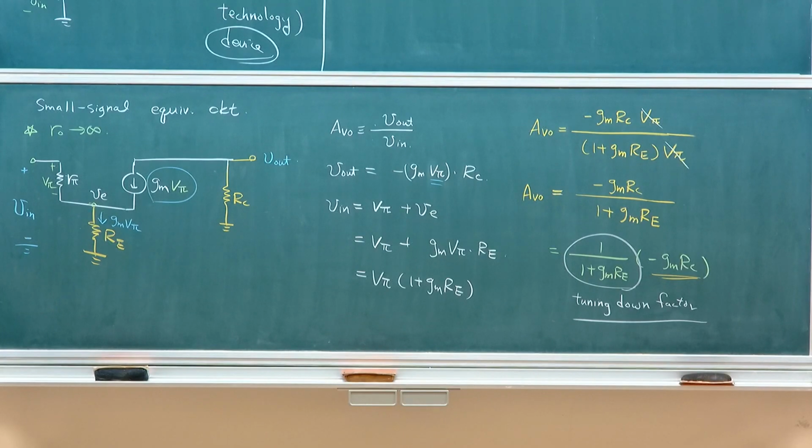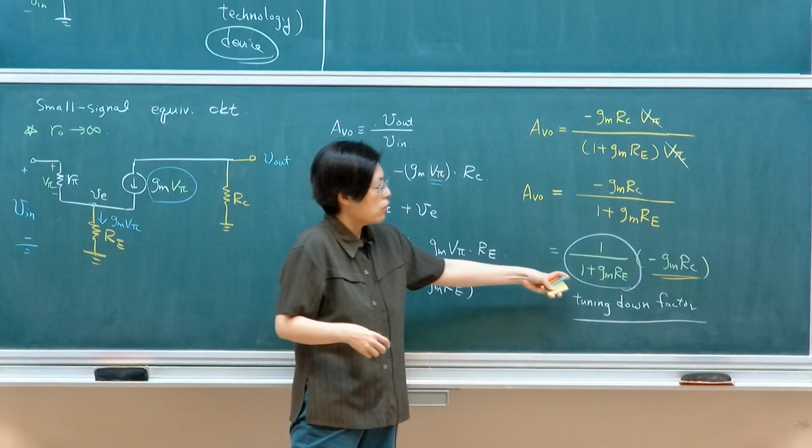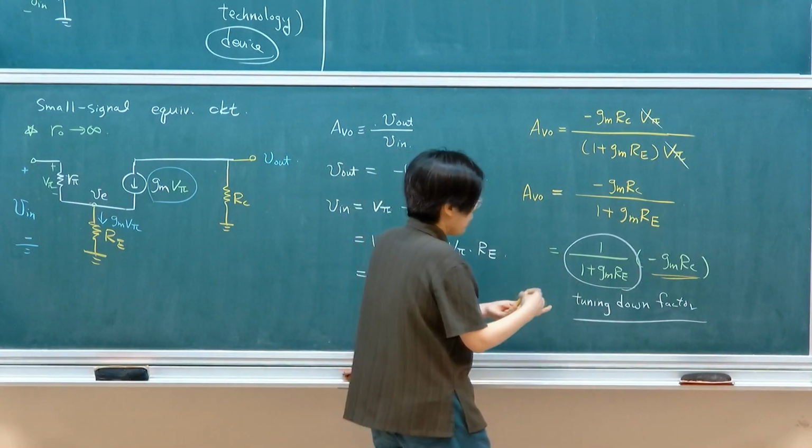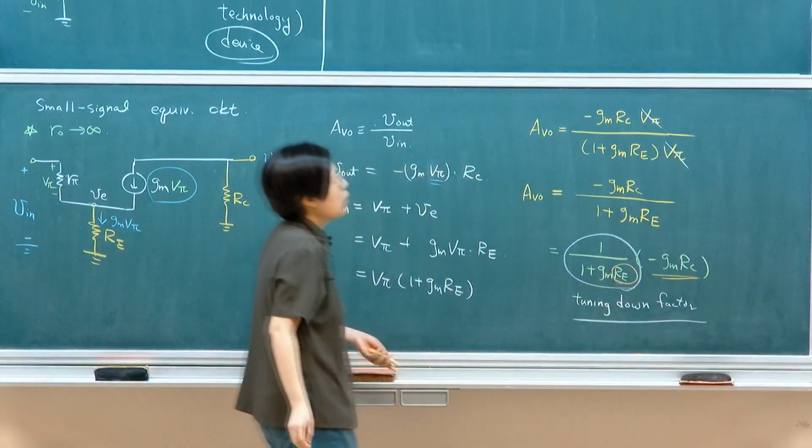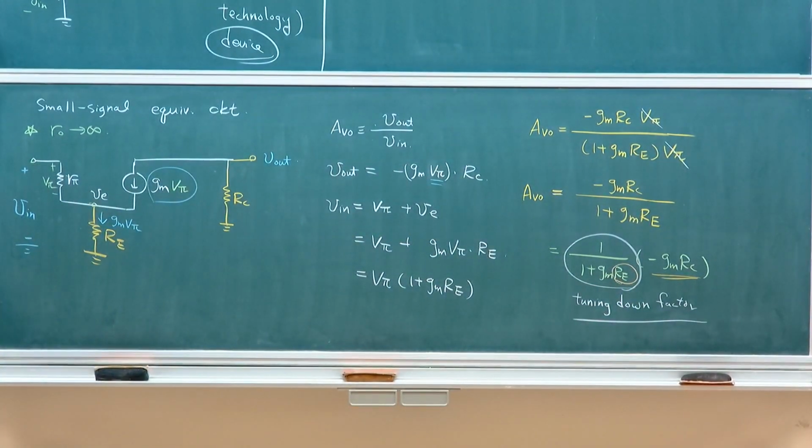How much you want to tone down your sensitivity or your gain is by adjusting this RE. This is your twist. You design RE to decide how low you want to go. Or if you look at that curve, if I increase RE, I flatten it out even further, making it less sensitive but with a wider input range.